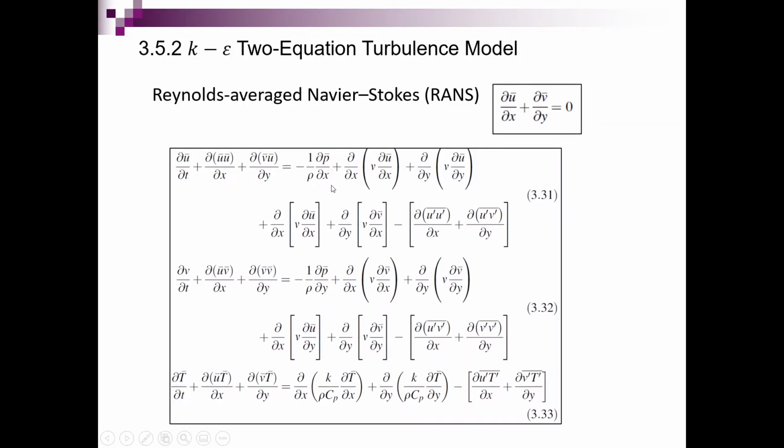Most of the terms are very familiar as we have seen in laminar, except it has several additional terms here: we have u prime, v prime, and T prime. So the difference between the regular Navier-Stokes equations that we use for laminar and the Reynolds-averaged Navier-Stokes equations is the turbulence fluctuating terms.